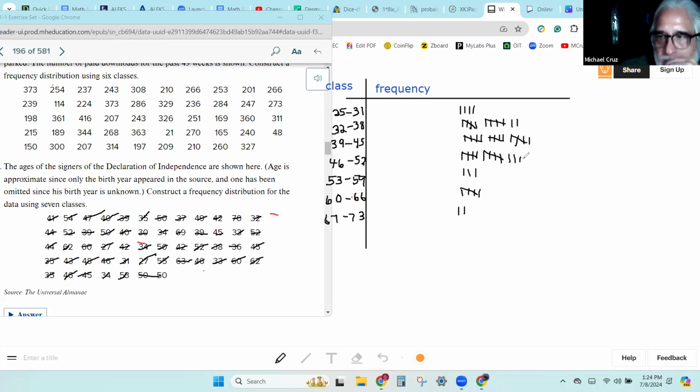And there's two of those. All right. So we're using the tick marks to count them.